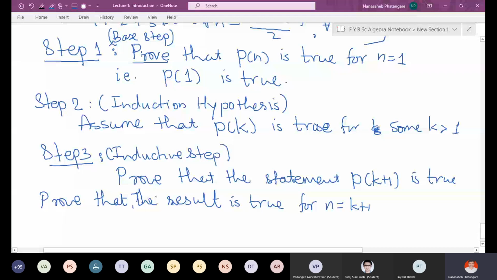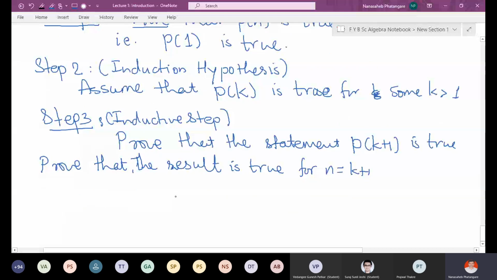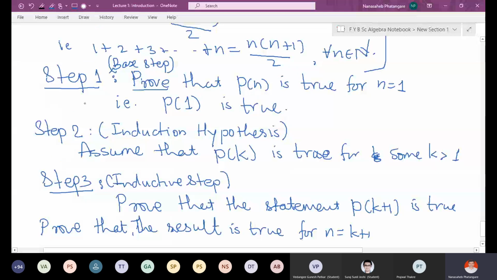Now, try to understand these steps logically, because there is always a confusion. What is the first step? We have to prove for n equal to 1. No way out, we have to prove. And in the second step we are not proving. We are assuming that this statement is true for n equal to k, or that for the kth number it is true.